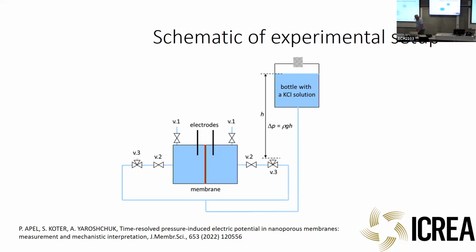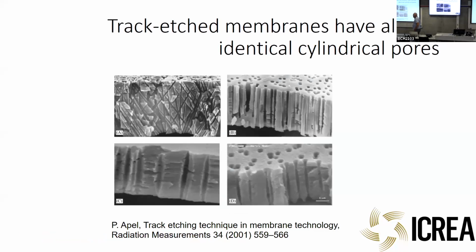Now I will show you some pictures of the membranes we have used, one of two kinds. The first one was the so-called track-etched membrane. You can see here various samples, taken from a review on that.